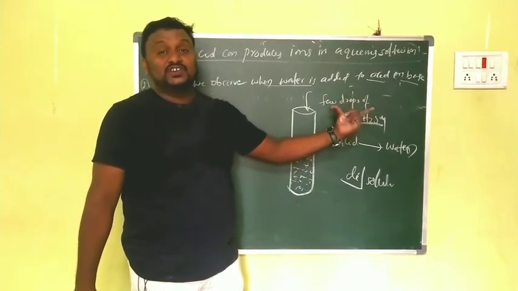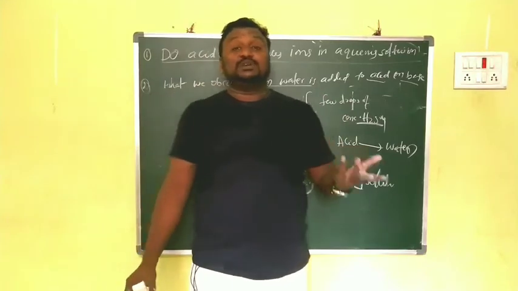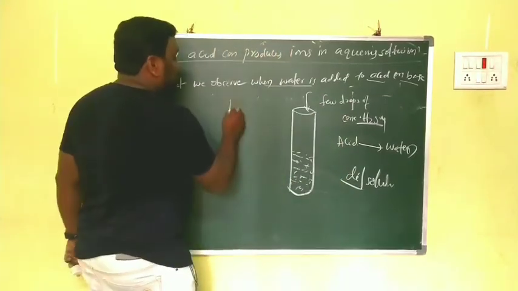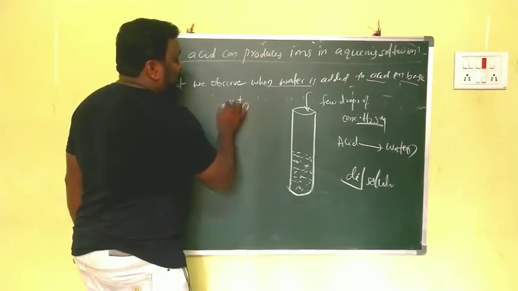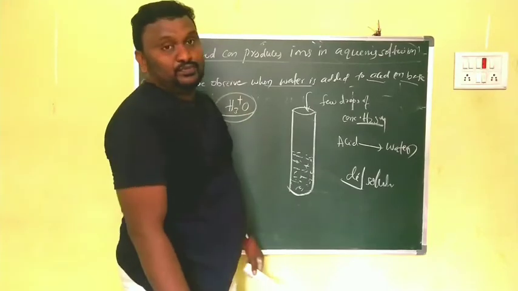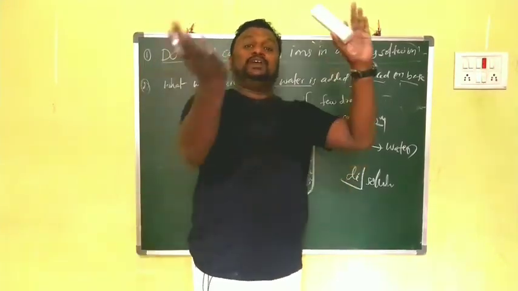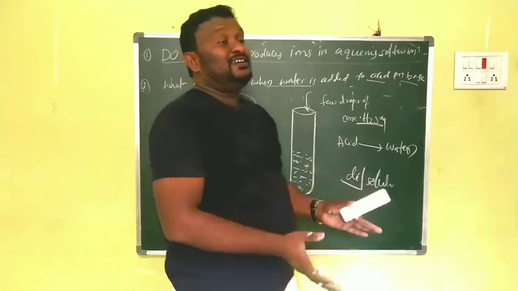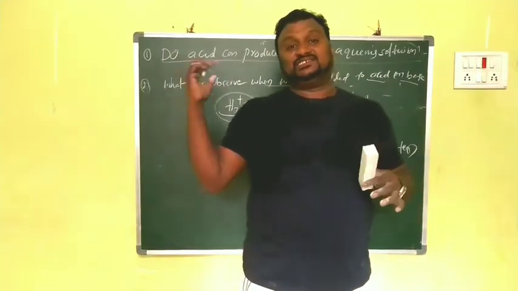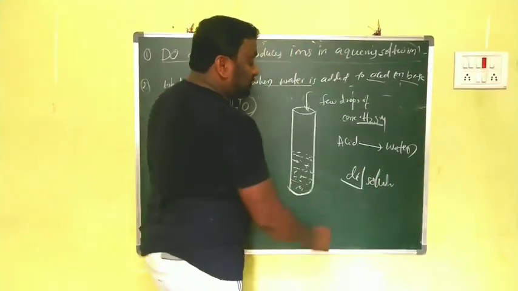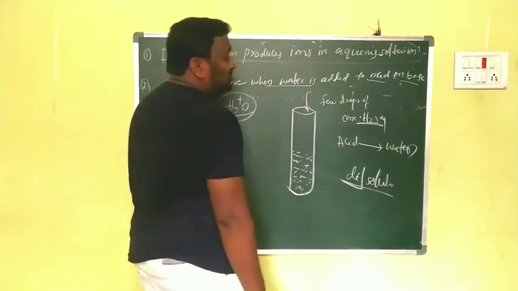H2SO4 is a strong, concentrated acid, which means it has more H3O+ hydrogen ions; the concentration is more. If it is added to the water, their concentration decreases. That's why this solution is now called a dilute solution.